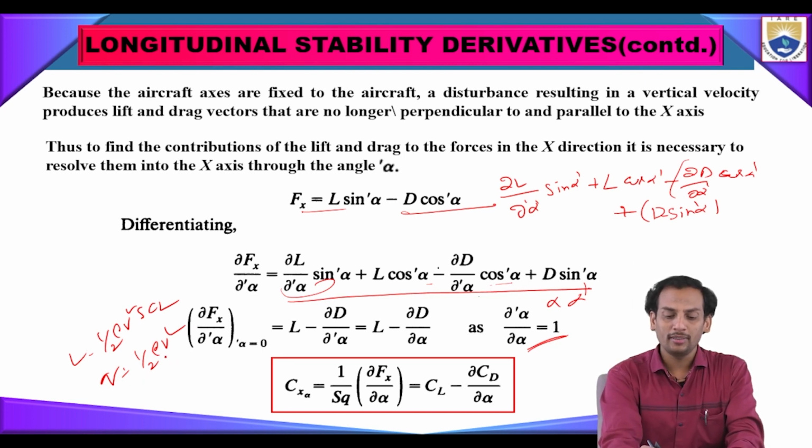So L by SQ will be, here half rho V square and S cancel, so CL will be there.